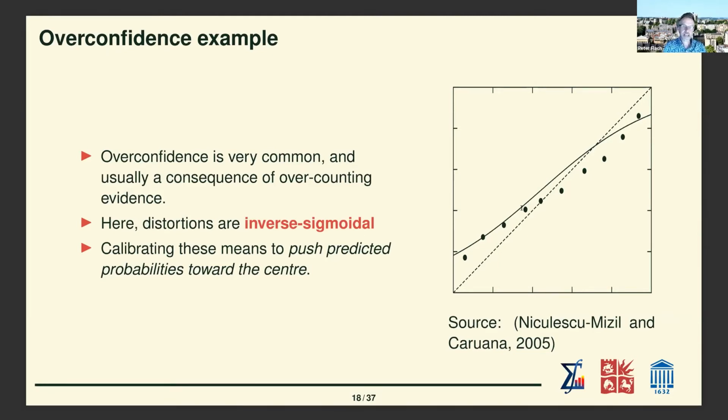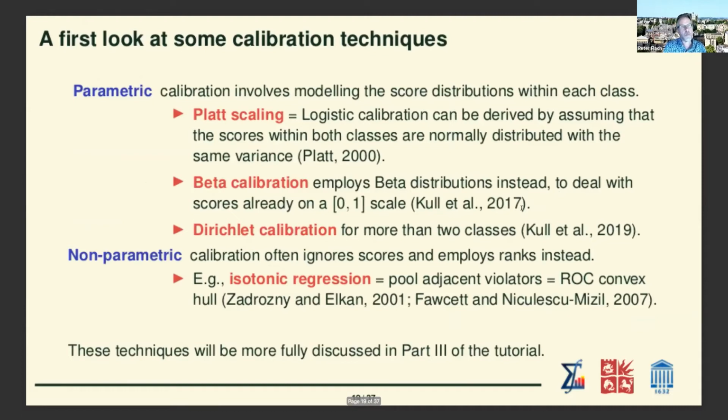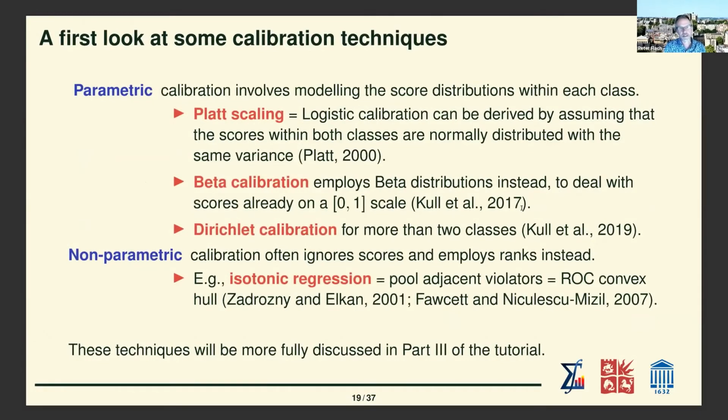Let's now have a quick look at some calibration techniques, which will then be expanded on in the third part by Hao Song. We can essentially do this in a parametric or in a non-parametric way. Parametric calibration involves modeling the score distributions within each class.